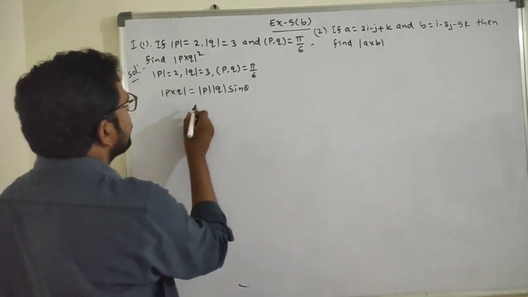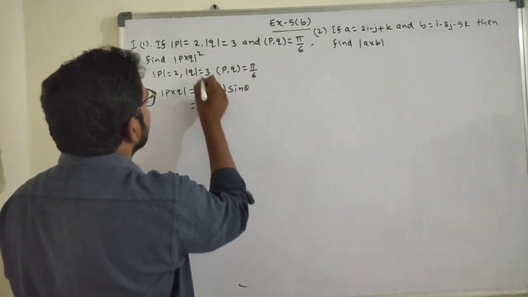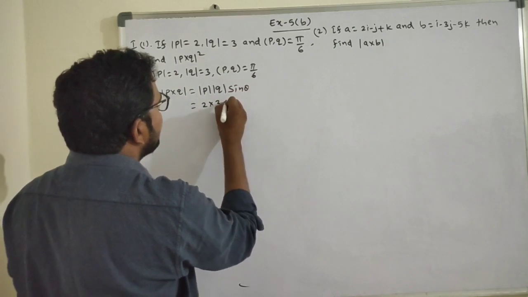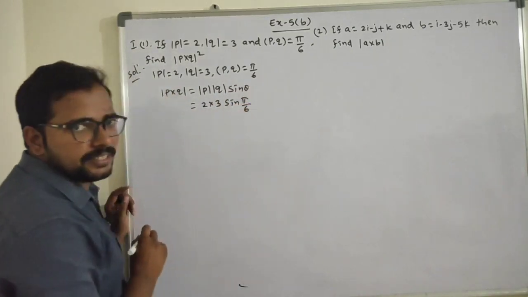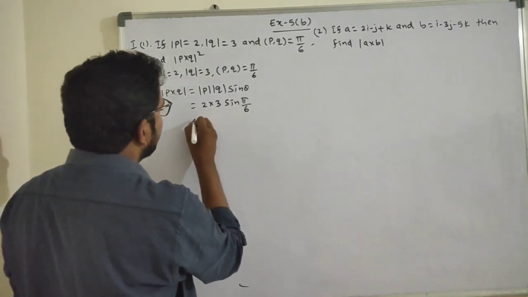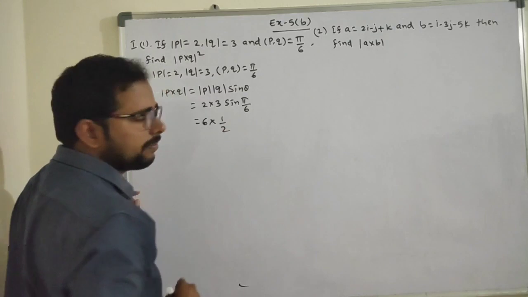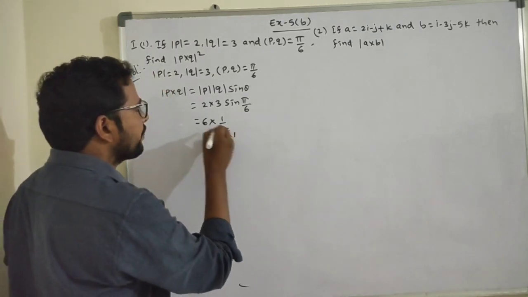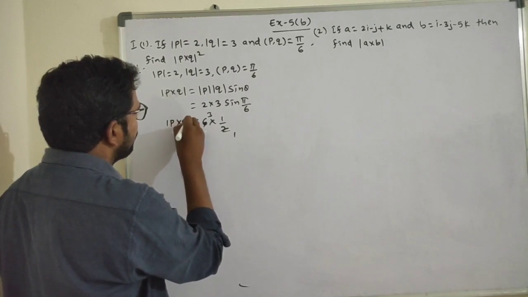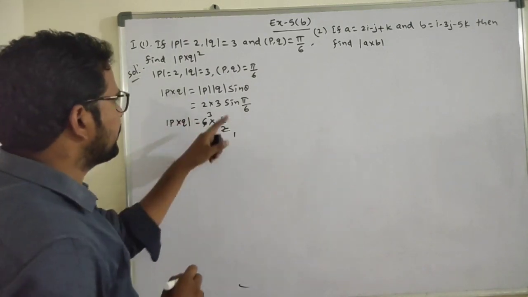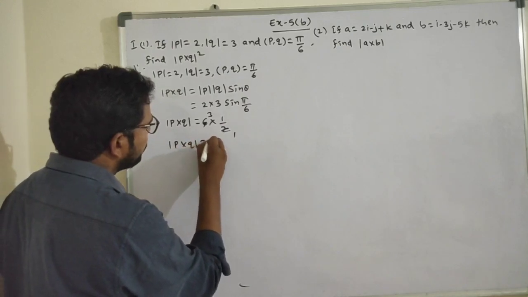Substitute the values: modulus P is 2, modulus Q is 3, sin 30 degrees. So it is 6 into sin 30 degrees, whose value is 1 by 2. So 2 ones are 2, 3 ones are 3. The modulus P cross Q is equal to 3.